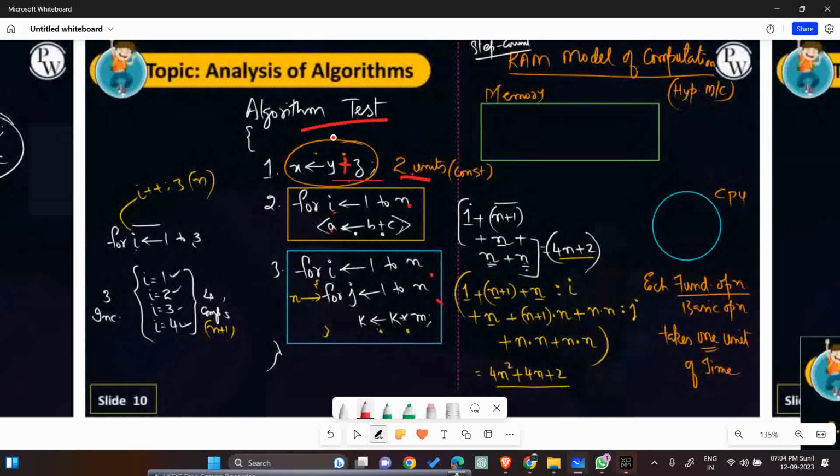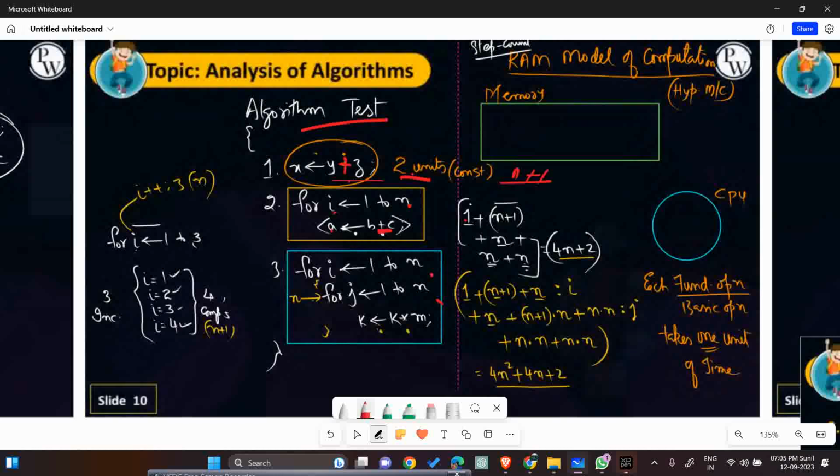Now for this loop, how much time will it take? First, one for initialization. Then comparison: how many times will it compare? n plus 1 times.